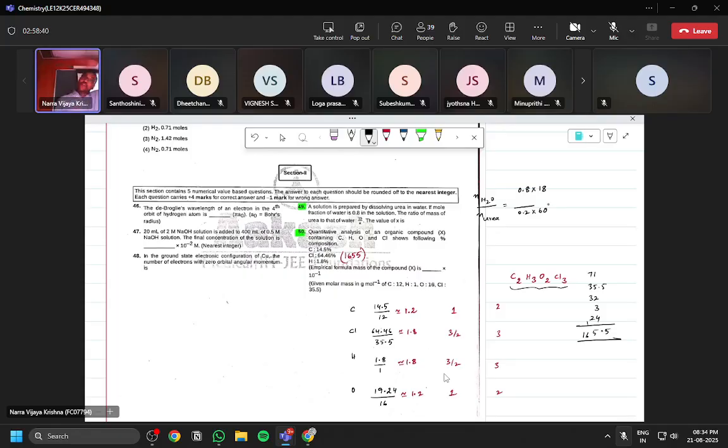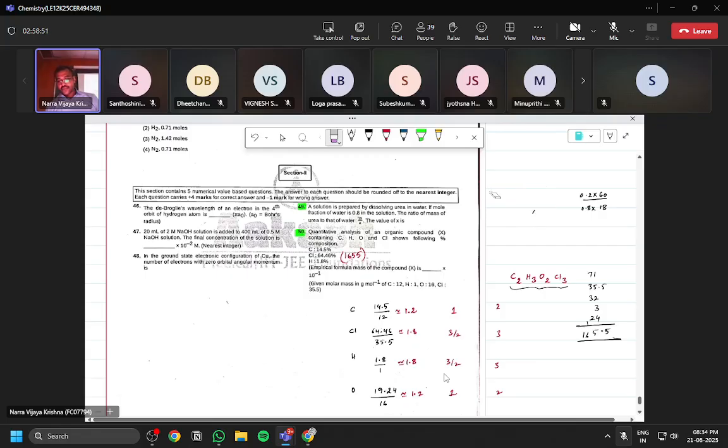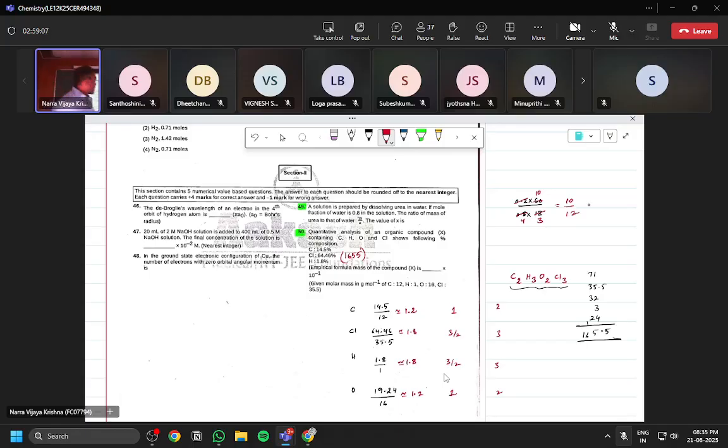So I have to take urea on top, water below. So 0.2 into 60 upon 0.8 into 18. Correct, sir? 4 times 0.2, 6 tens are 60, 6 threes are 18. So 10 upon 12. They want 10 upon x. X value is 12. Another waste question.